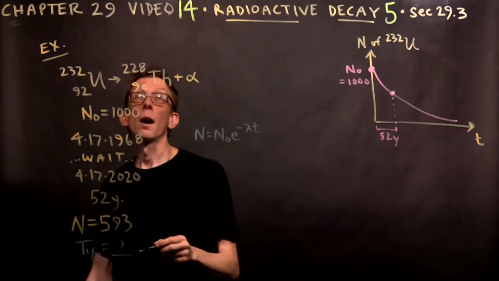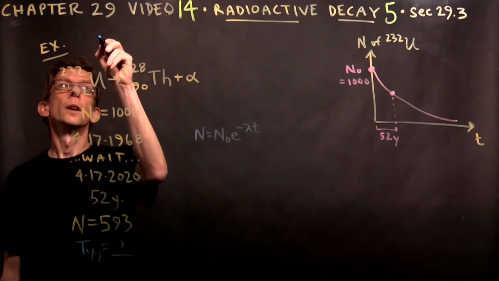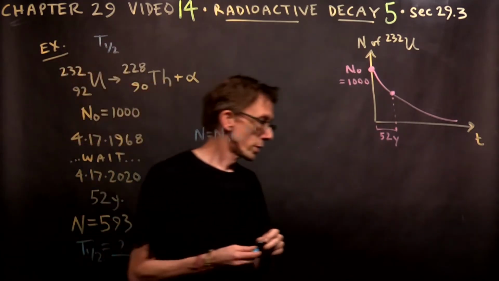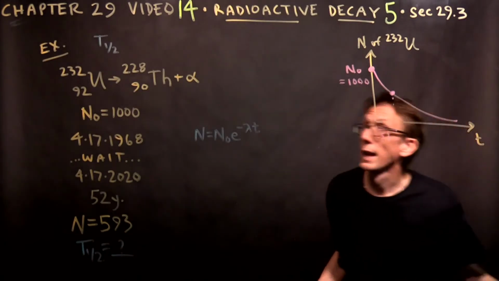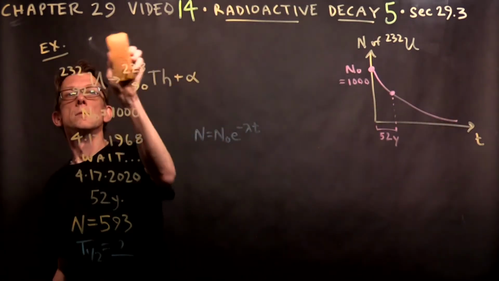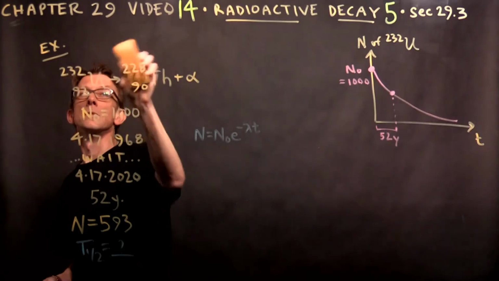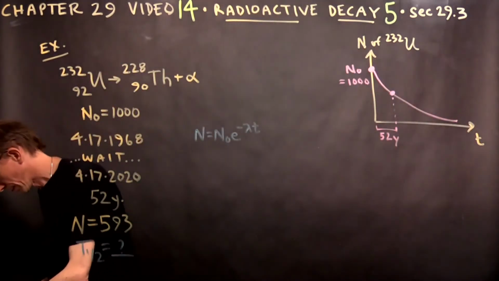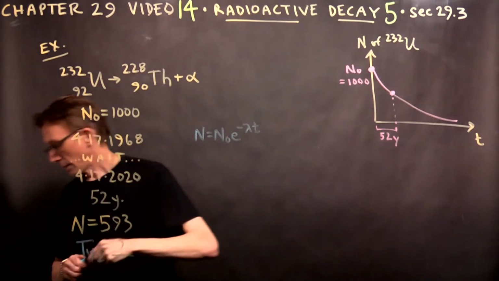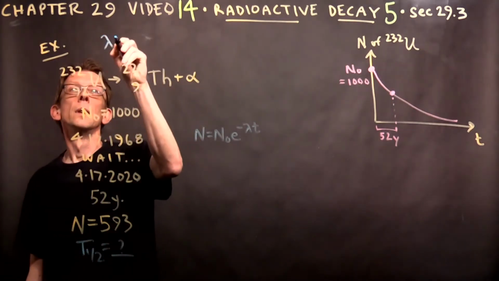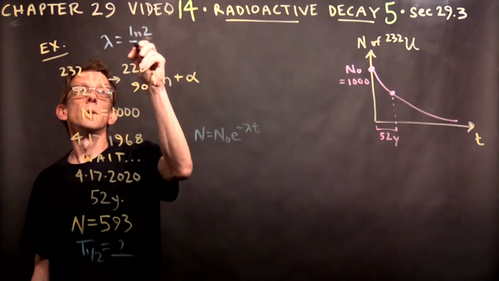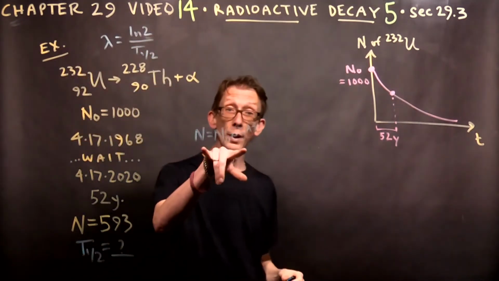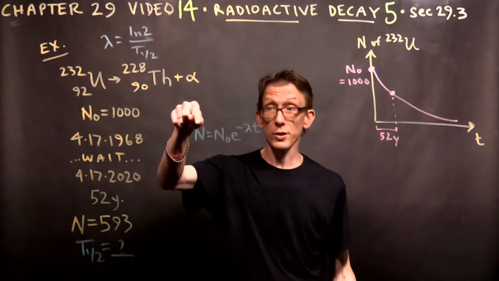Remember, lambda is the natural log of 2 over the half-life. So we're going to solve this for lambda because we know N is 593.